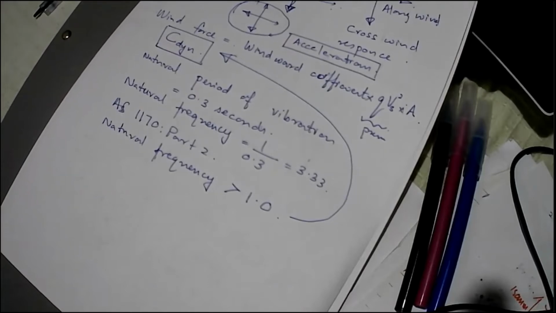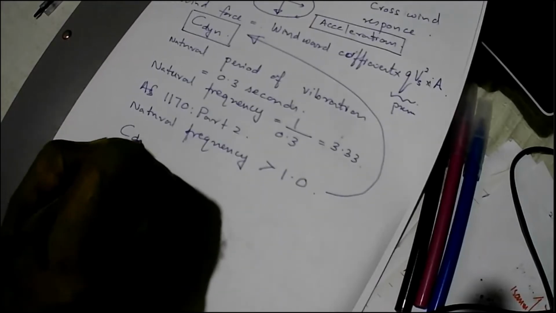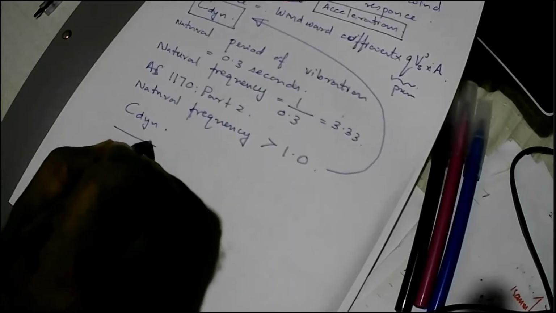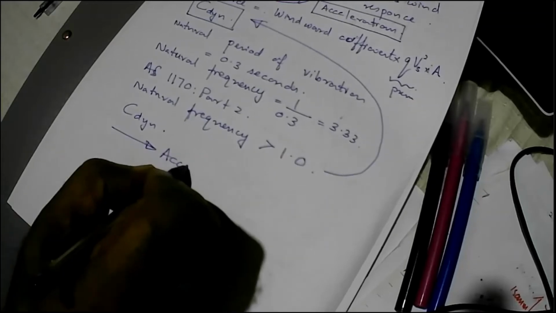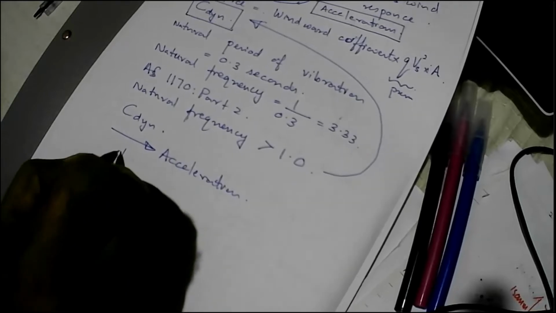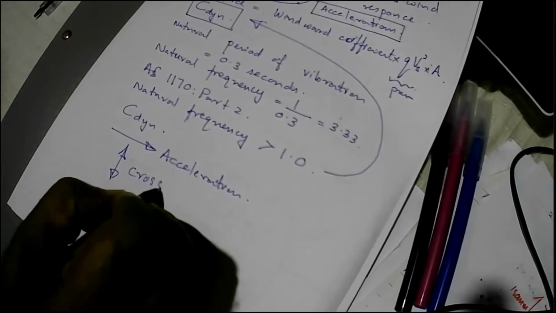So we'll first find how to determine this C dynamic, and then we'll find how to calculate the along wind acceleration, and then how to determine the cross wind acceleration.